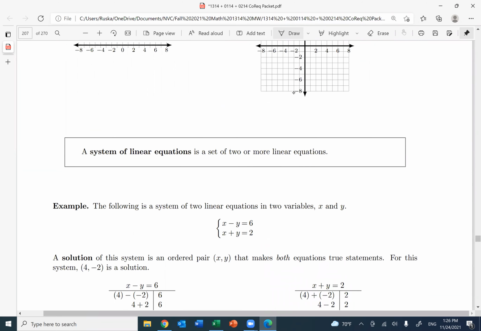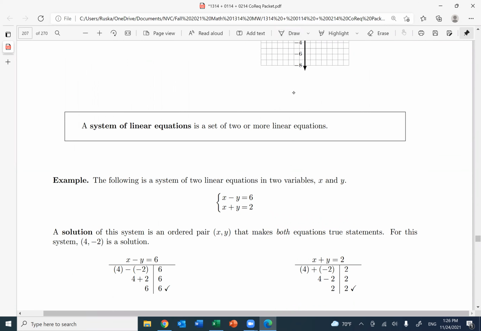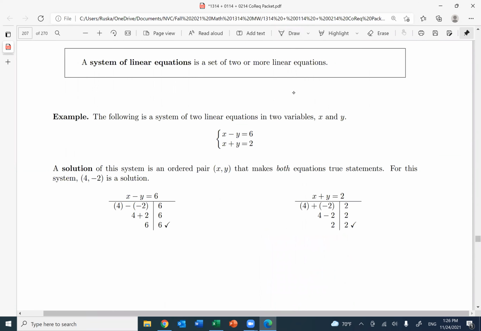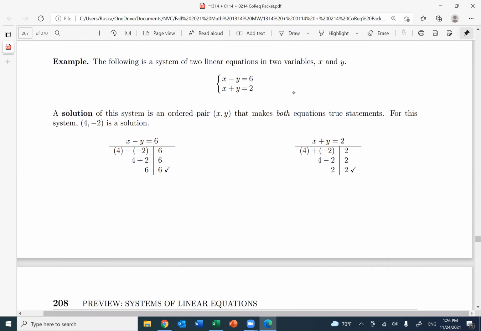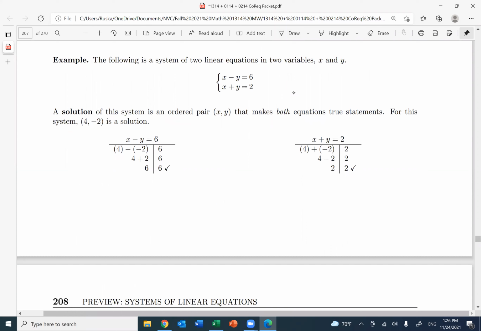A system of linear equations is a set of 2 or more linear equations. This is how a system of linear equations looks. And then the solution of a system of linear equations is a number pair, x and y, like coordinates of a point, which makes both equations true statements.